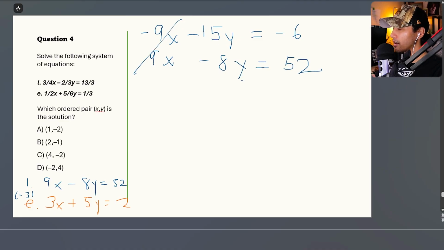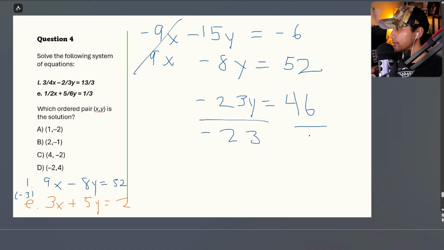We can cross the x terms out. And then we have -23y equaling 46. Yeah, 46, and it's positive 46. Then divide by -23, divide by -23, and that makes sense. y equaling -2.